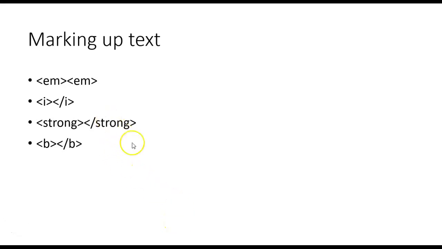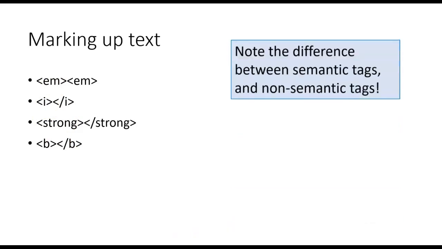So we've added 4 new tags: the emphasis tag, the italics tag, the strong tag, and the bold tag. And what I hope every student would do right now is note the difference between the semantic tags and the non-semantic tags. The semantic tags carry meaning beyond the visual appearance of the text.